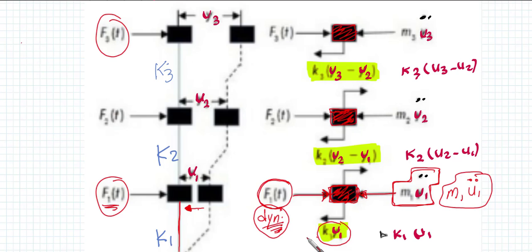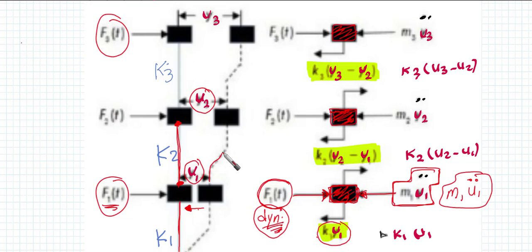This is elastic resistance. Now from the top column, there are two points we need to consider. The top column has motion at its top end by U2, and motion at its bottom end by U1.